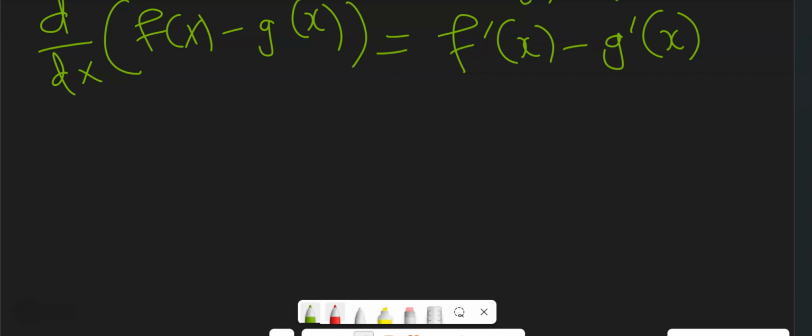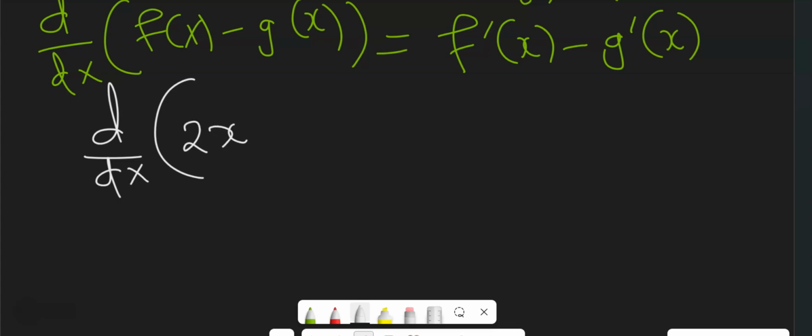So an example in a question is: what is the derivative of 2x cubed minus 4x?